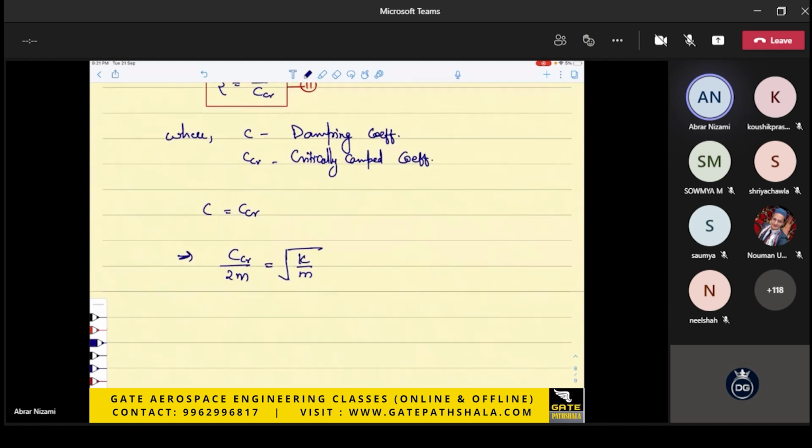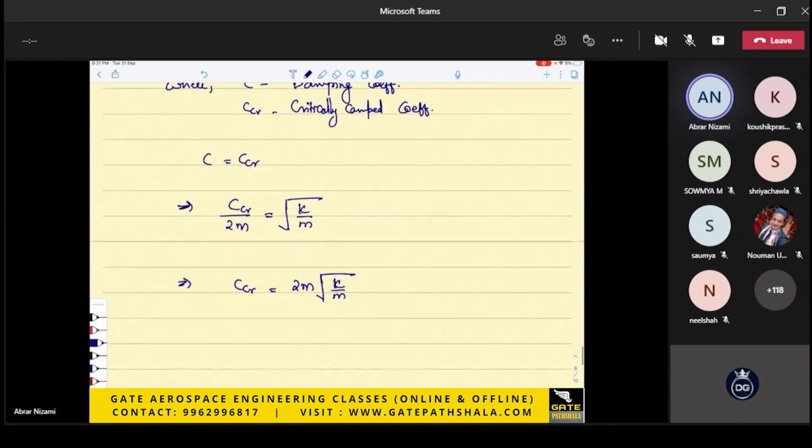What you can write is CCR equals 2m into the square root of k by m, which can be written as 2m omega n, or you can cancel out root m and write 2 root of km. Bracket this equation and call it equation number 11.